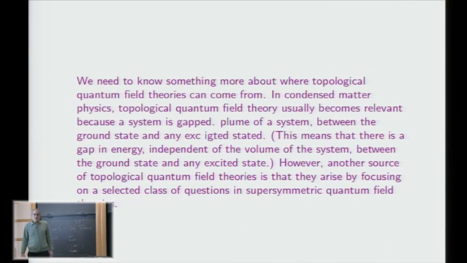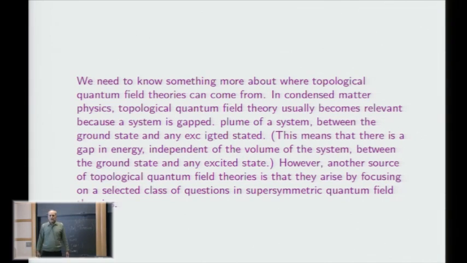The technical term is that the system is gapped, but what you're familiar with is that the resulting system is an insulator. An insulator will lead at long distances to a topological field theory. But until relatively recently, it wasn't described that way because people assumed those topological field theories were trivial.